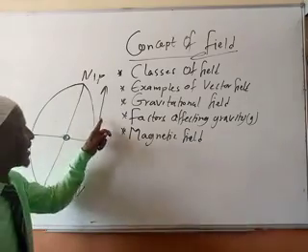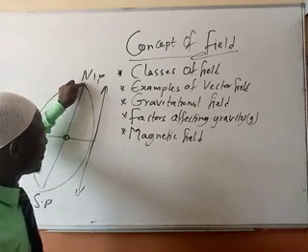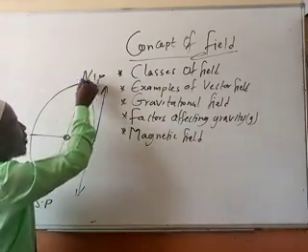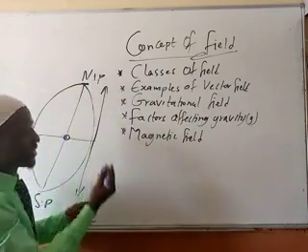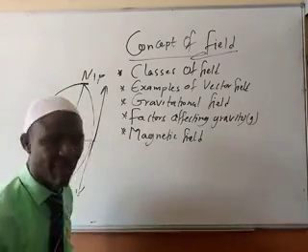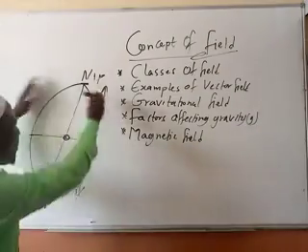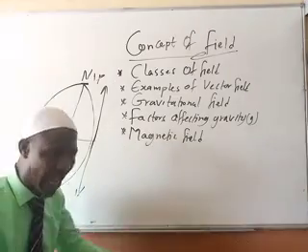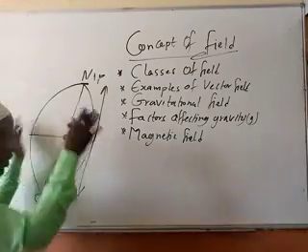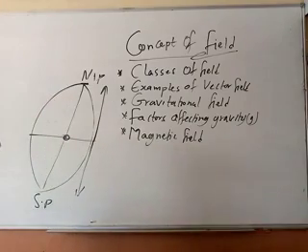From that, you can see that the gravity will be affected by what? By the height or depth. As you are now moving away from the North Pole, the effect of gravity on you will be reducing. Therefore, the three major factors that affect acceleration due to gravity of a place are the shape of the earth, because the earth is not flat, it is not a perfect circle, so as you are moving from one place to another on the surface of the earth, the effect of gravity on you will be changing.